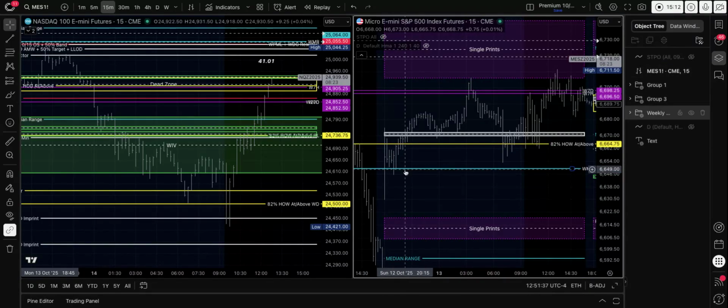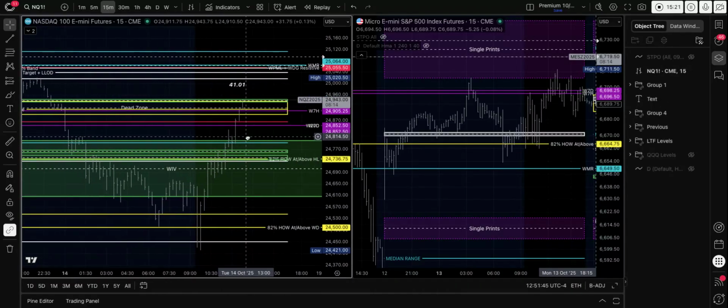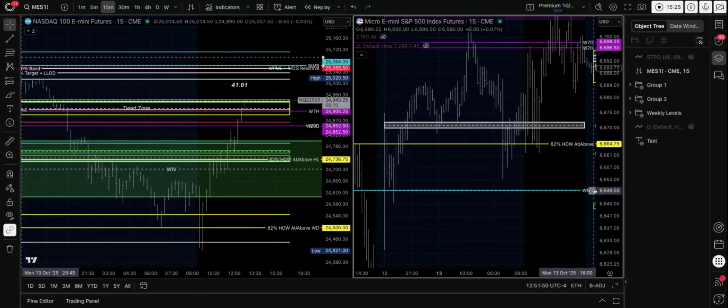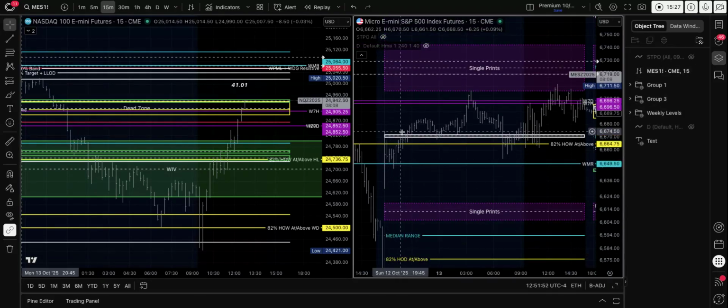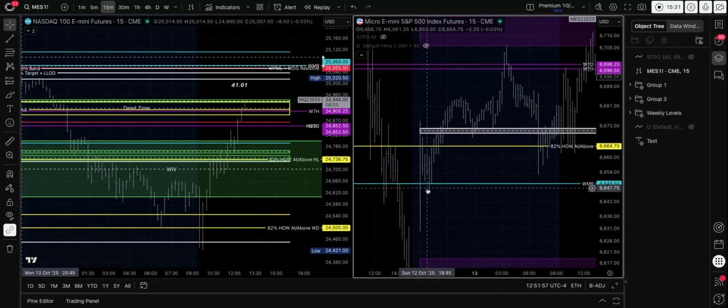We had the big gap up, respecting this weekly median range, and just taking profit above. The median range levels work really, really well as targets, and then with additional confluence or just higher time frame, it could serve very well as entries as well. So you could have seen this come down and then get back above, and then we revisited that low and it took off.